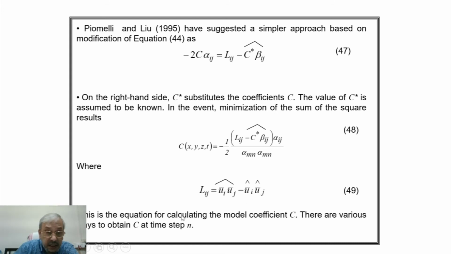So this is the equation for calculating model coefficient C. There are various ways to obtain C at step n. So like Piombili and Liu, they assume that C star is known. If C star is known, then this can be resolved in this way. And how instead of C we can write C star?